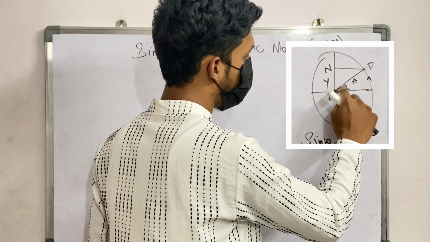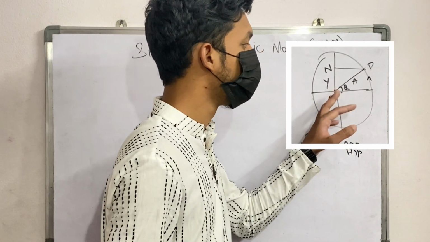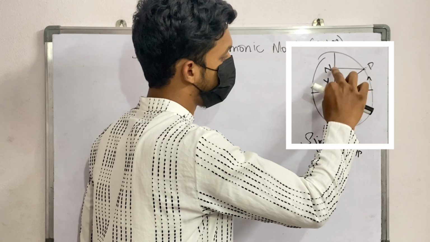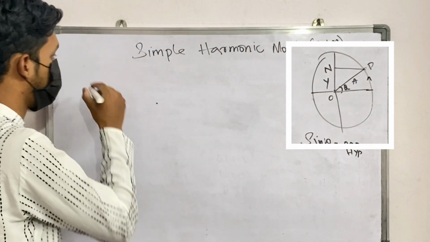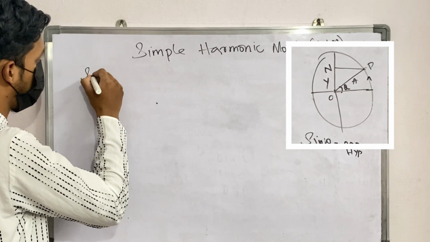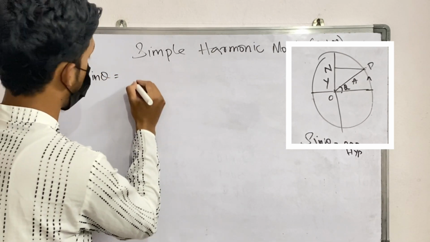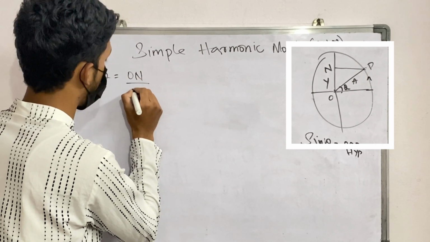So we need to find the angle here. To find the angle, we use sine theta equals opposite by hypotenuse. This is the opposite and this is the hypotenuse. So sine theta is equal to opposite by hypotenuse. The opposite is on, and the hypotenuse is op.